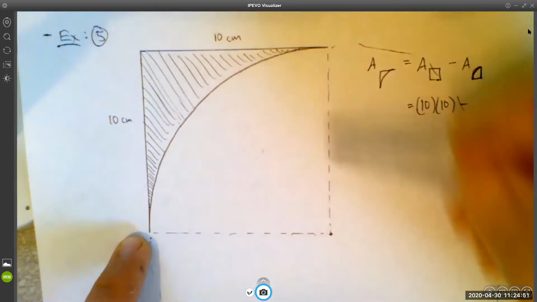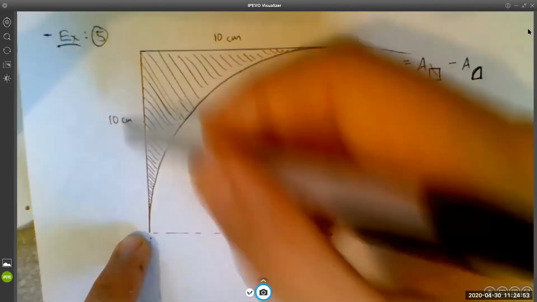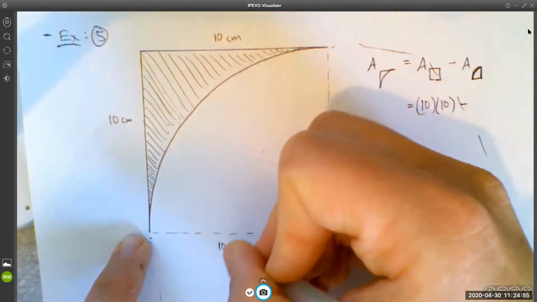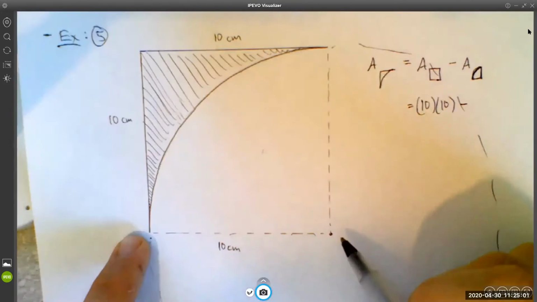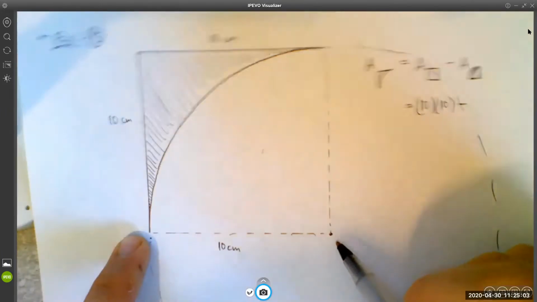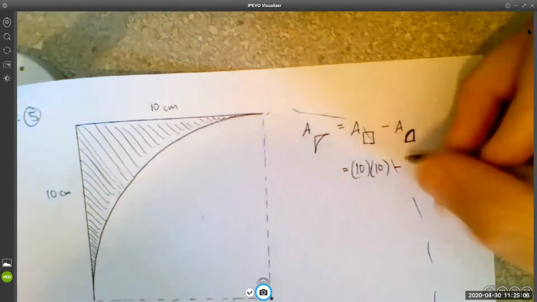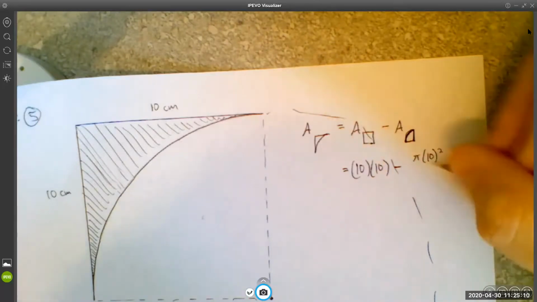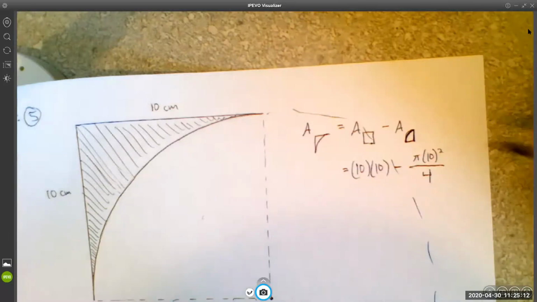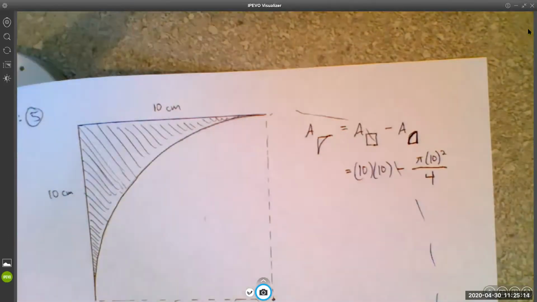And you know that since this shape is a square, this radius must be 10 centimeters. Okay, so the radius of the big circle is 10 centimeters. So the area of the quarter circle is going to be pi times 10 squared, right? Pi r squared divided by 4, since I only want a quarter of the circle.